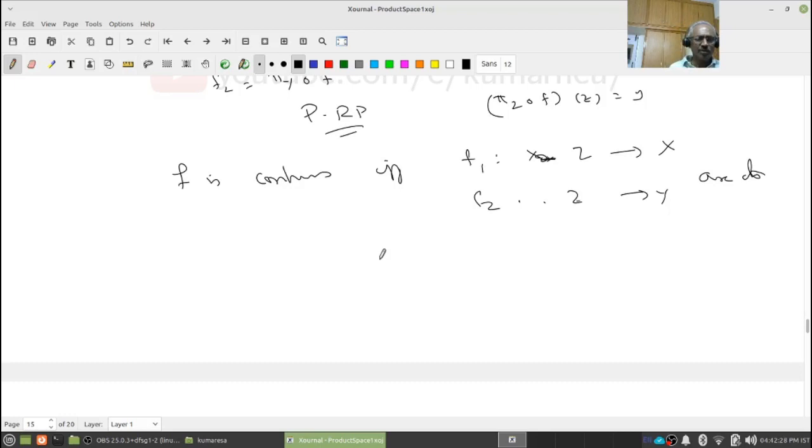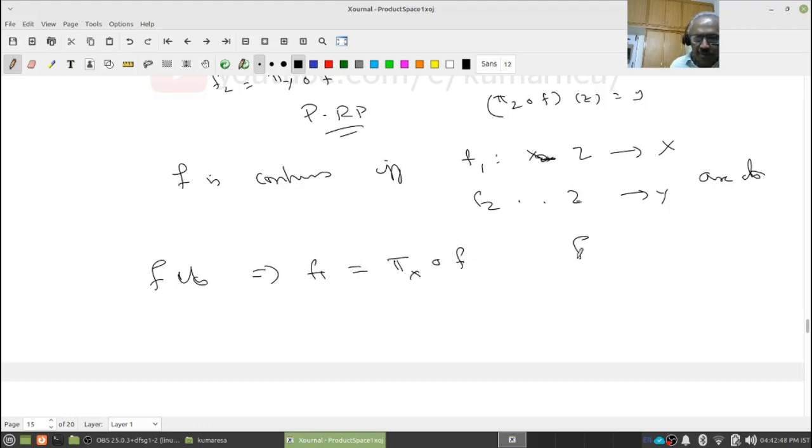But what is f1? The domain is z. For f1 and f2, the domain is z, but the codomain is x and y respectively. You understand that? Now, if f is continuous, this implies f1 is continuous because f1 is pi x composite f.